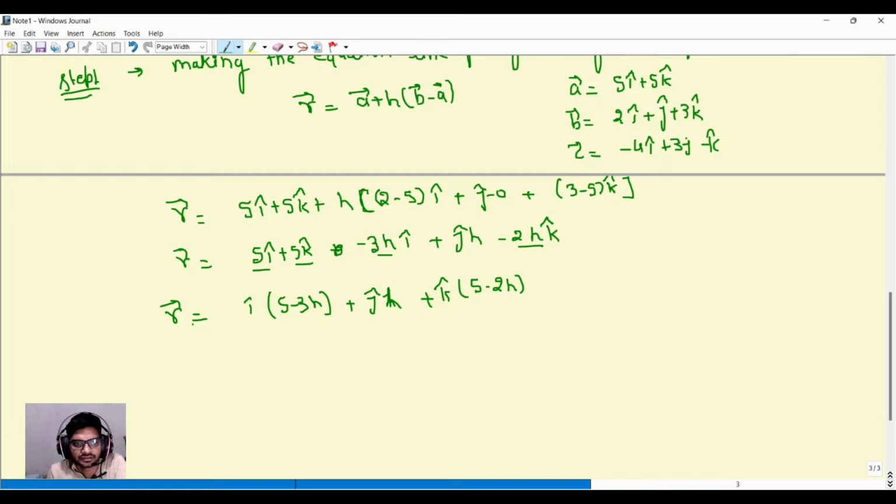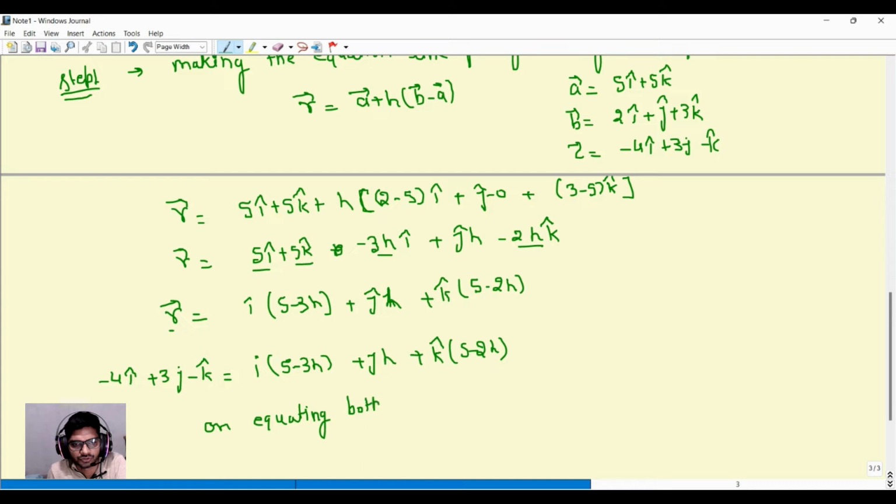Equating these equations and putting the value of r as c: minus 4i plus 3j minus k equals i(5 minus 3 lambda) plus j lambda plus k(5 minus 2 lambda). This is step number 2.